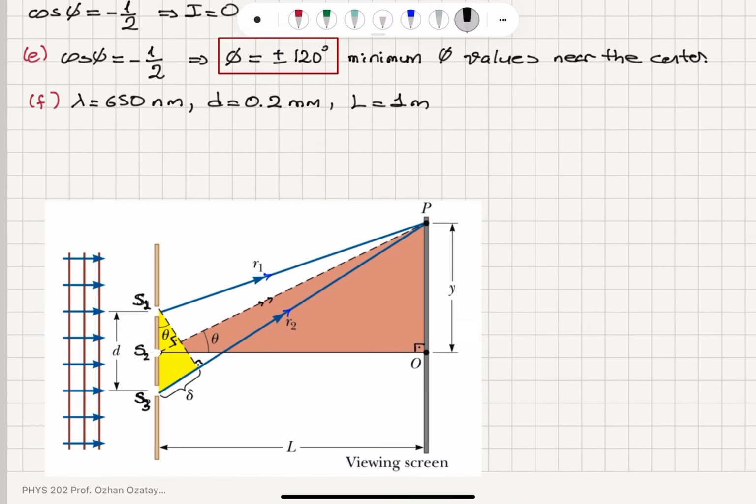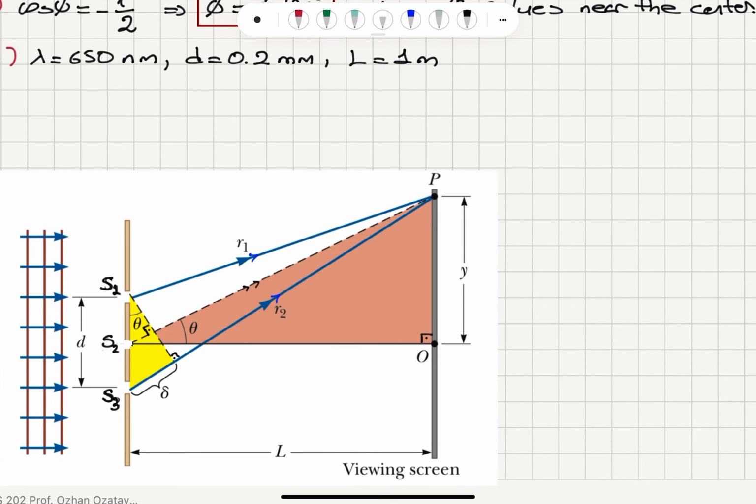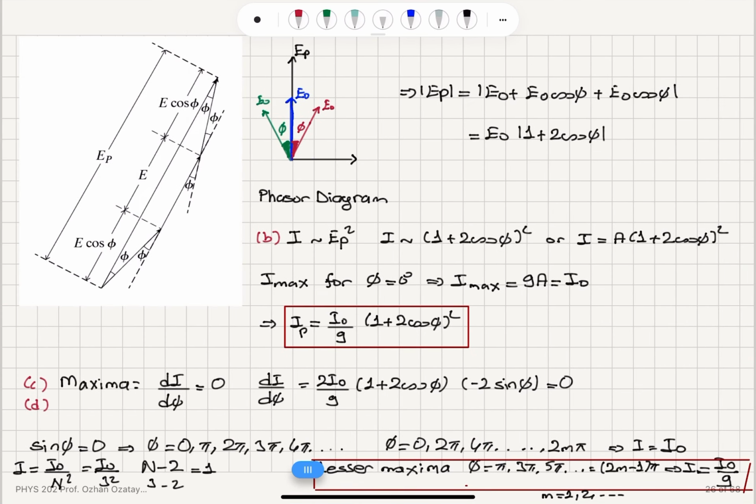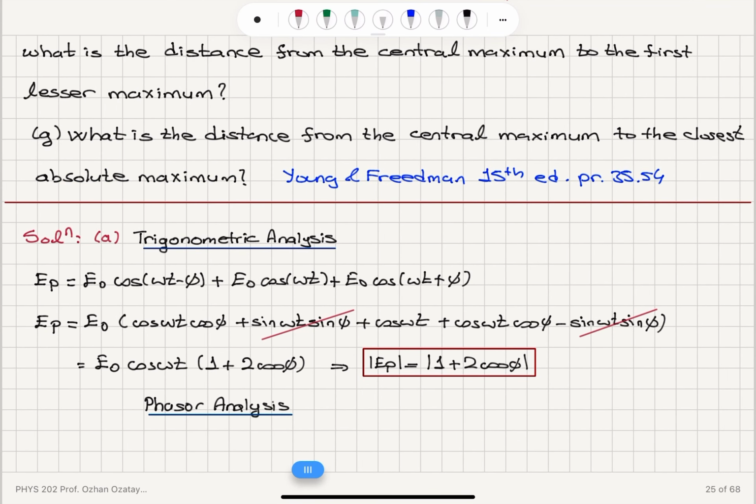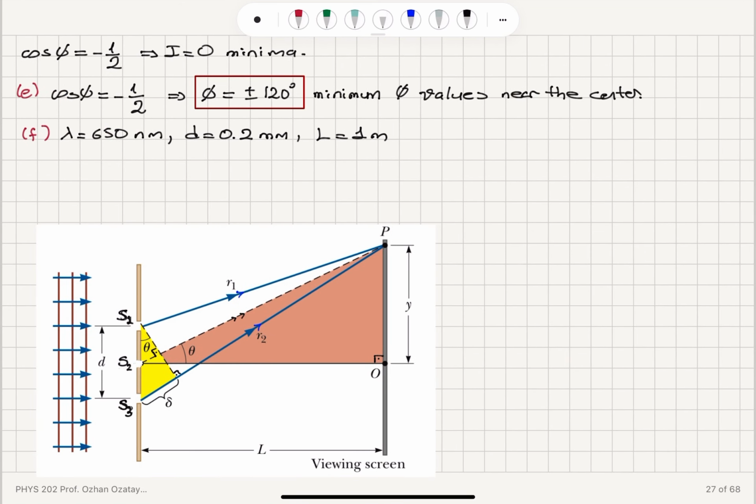So if you see here, we have 3 slits, the distance is L, and we're trying to find the location of the first lesser maximum with respect to the central maximum on this viewing screen.